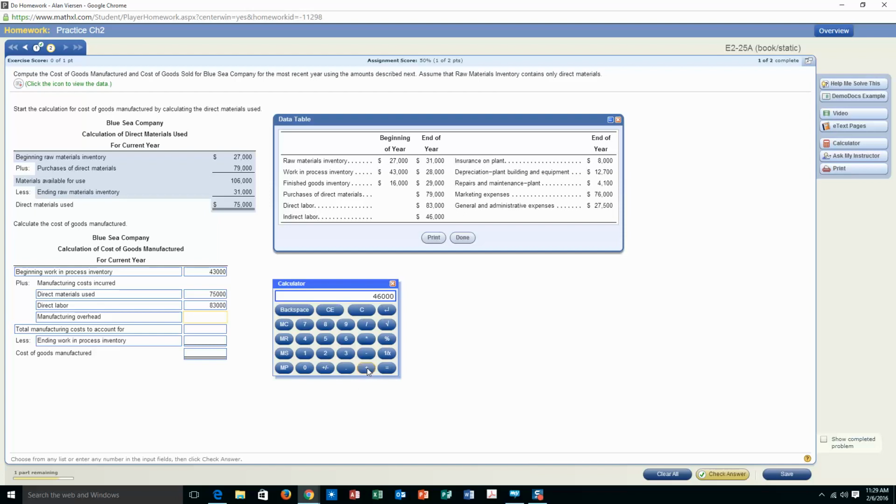I'm going to add then the insurance on the plant, and the key word there is plant. Okay, and now I'm going to add the depreciation on, again, the word is plant. That's the key. If it says equipment, plant, factory, that's the key.